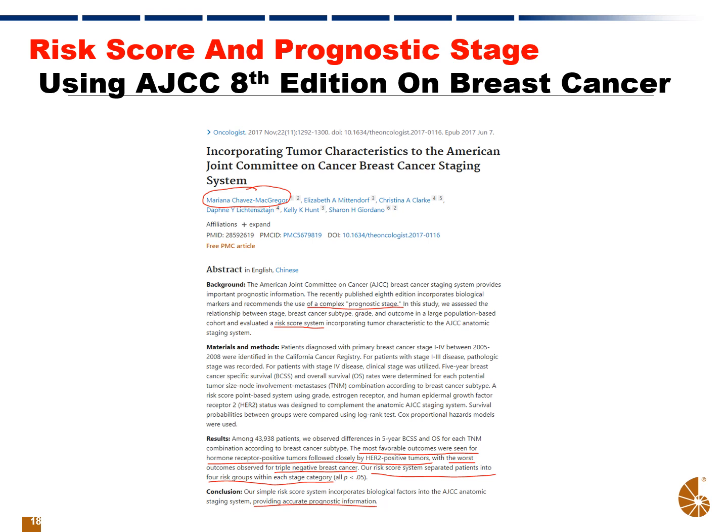So it's incorporating tumor characteristics into the American Joint Committee on Cancer Breast Cancer Staging System. Because the staging is so complex otherwise, she came up with this more easily understood risk score system.